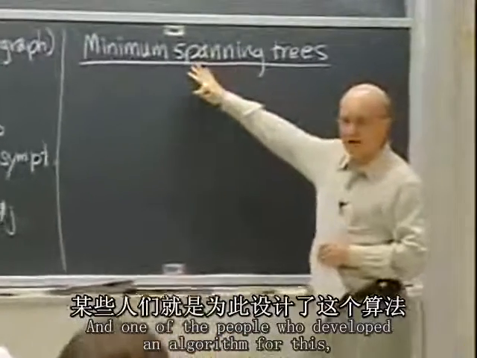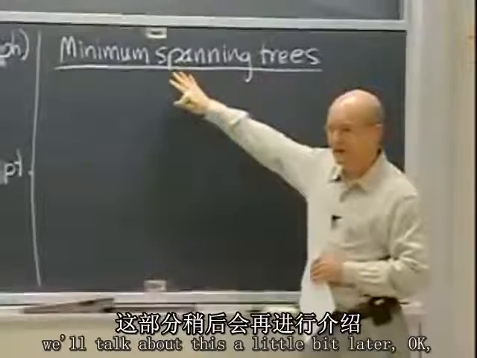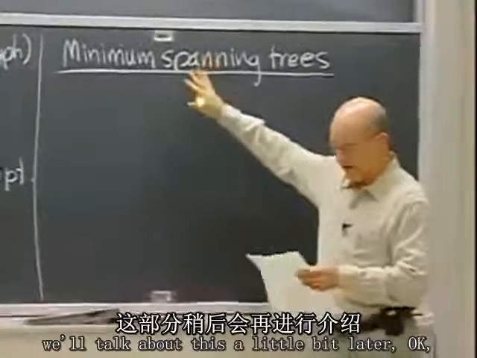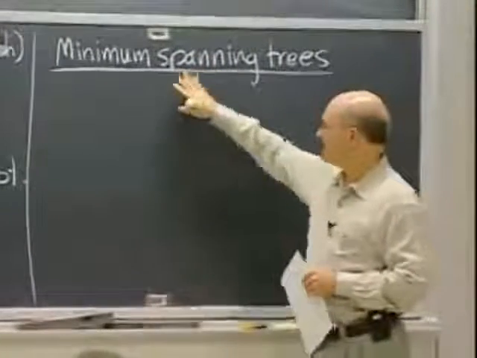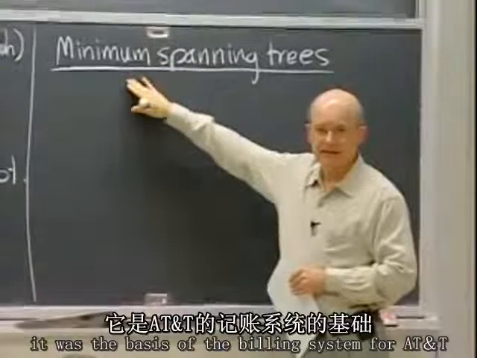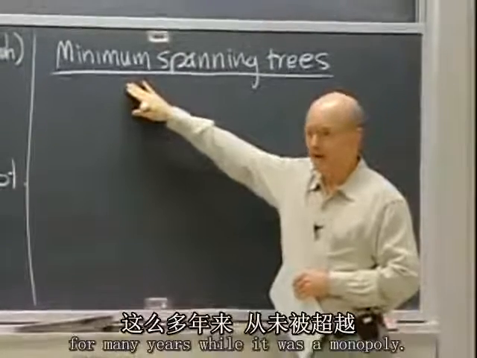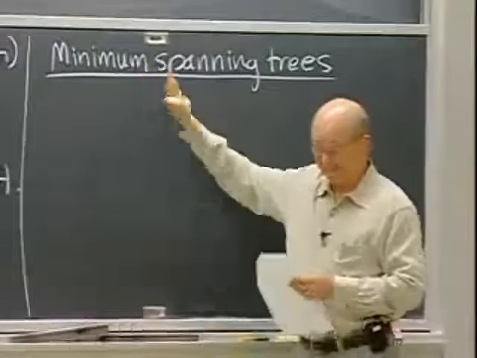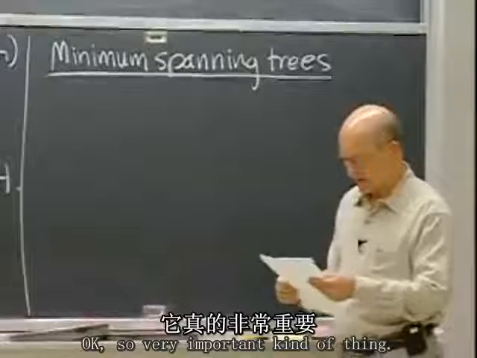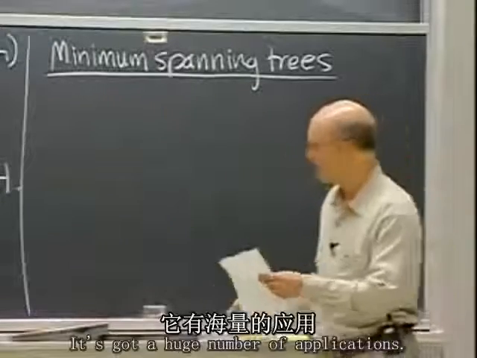One of the people who developed an algorithm for this, we'll talk about a little bit later, it was the basis of the billing system for AT&T for many, many years while it was a monopoly. So very important, and it's got a huge number of applications.